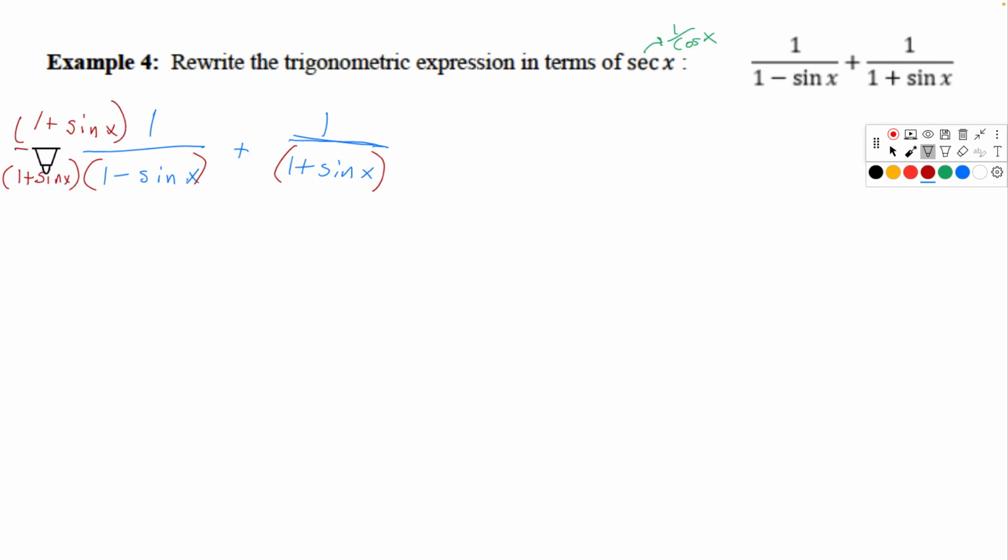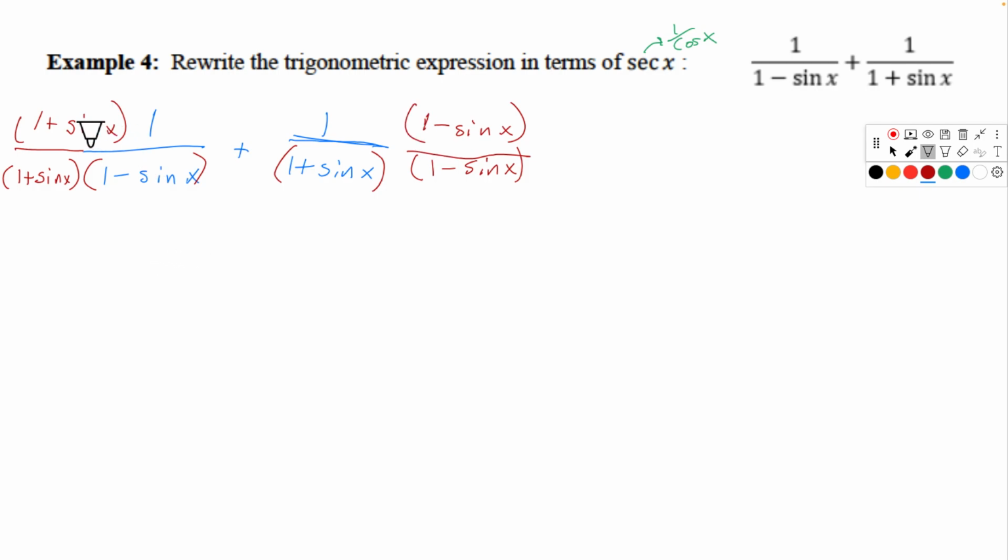Okay, so getting common denominators, we multiply the denominator and the numerator by the same amount. Over here, we're going to multiply by 1 minus sine x. And notice the denominators now will be the same thing. So we multiply the top up here, 1 minus sine x.